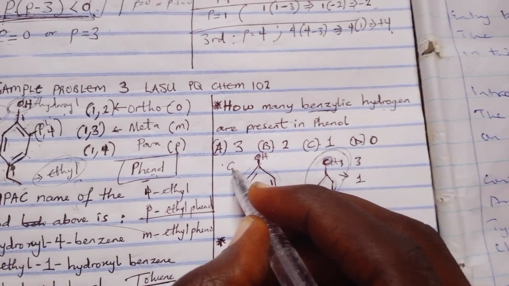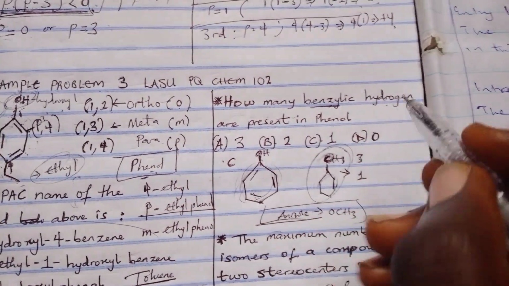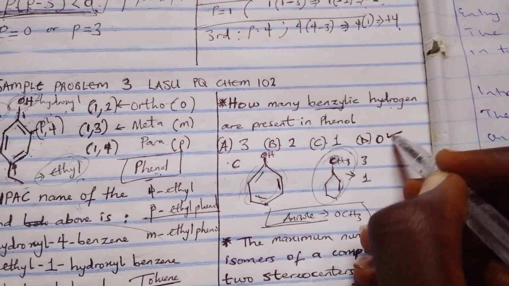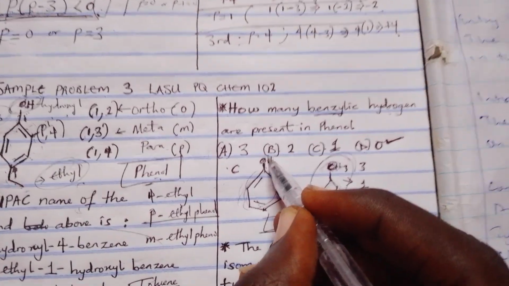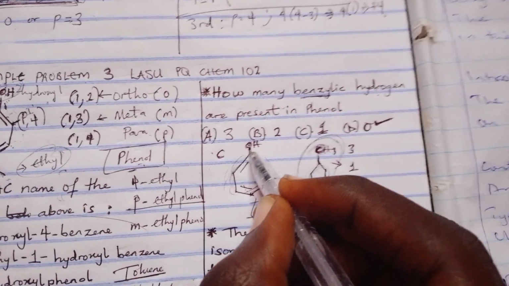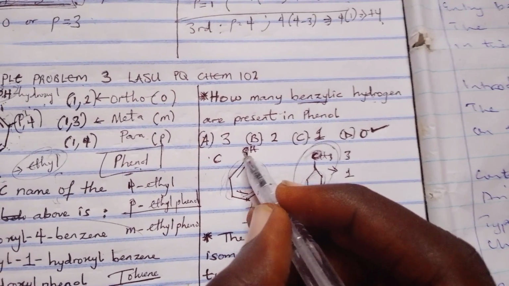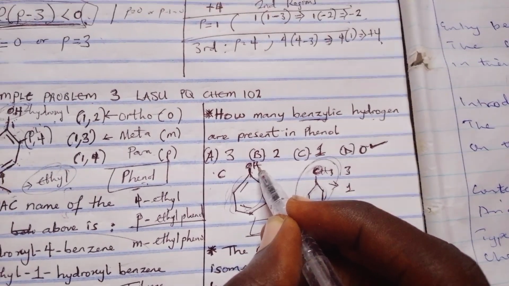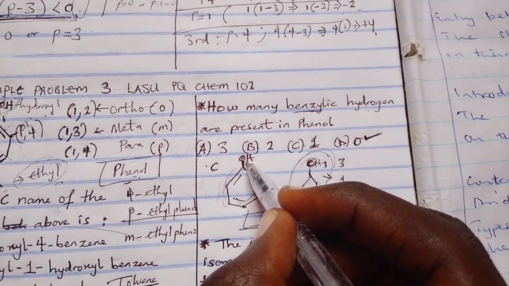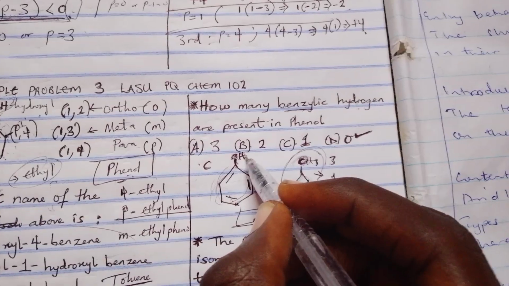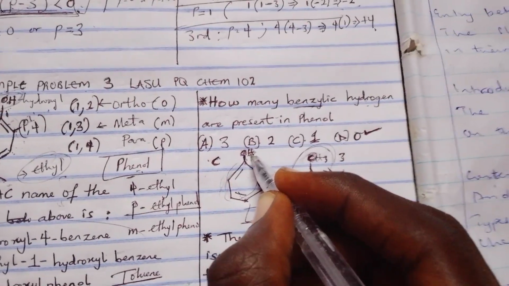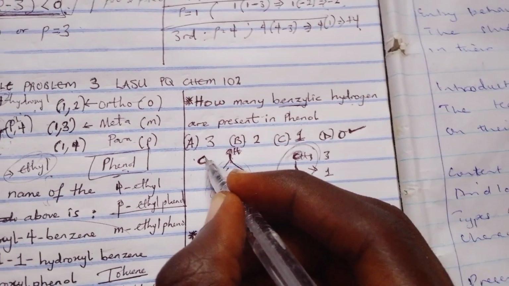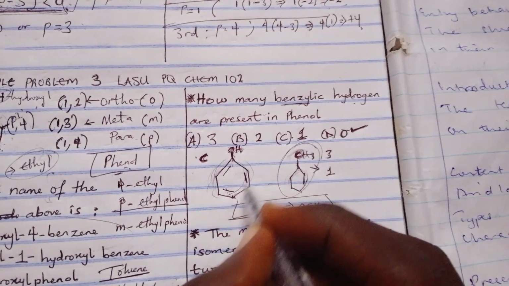Since we do not have benzylic carbon, we cannot have benzylic hydrogen, hence the correct answer is 0, because it's very, very tricky. Some people will pick one because of this hydrogen. This one here is attached directly to this oxygen, not carbon. You understand? So it is not a benzylic hydrogen. We must have benzylic carbon for us to have what? Benzylic hydrogen. And benzylic carbon is those carbons that attach directly to what?